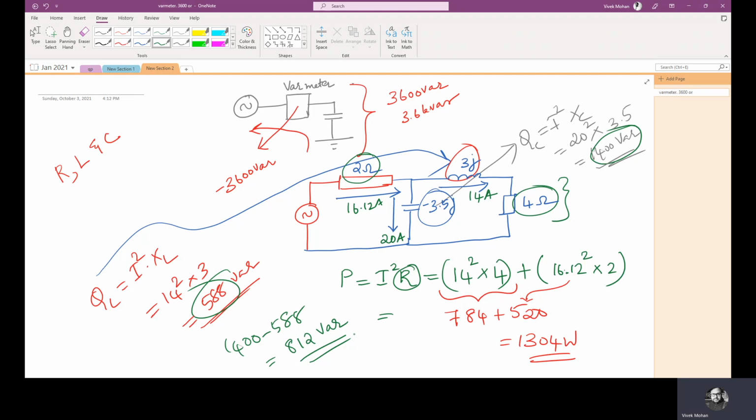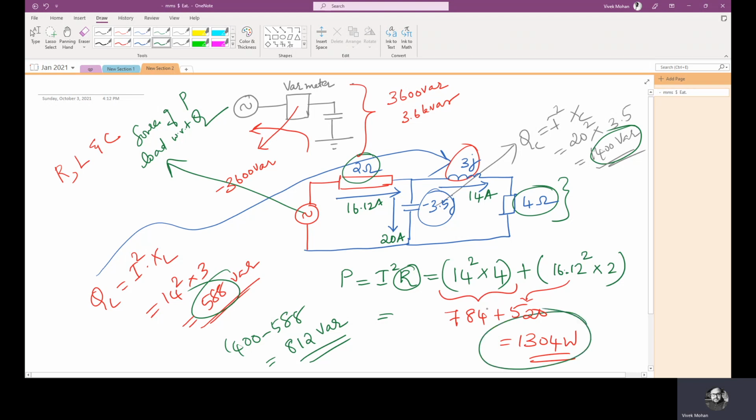The active power absorbed by the resistors must be supplied by the generator. Hence, it is a source of active power. So here, the generator acts as a source of P, but a load with respect to Q. And the active power produced is 1304 watts.